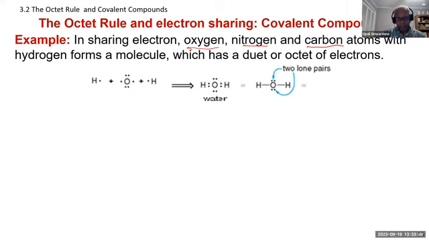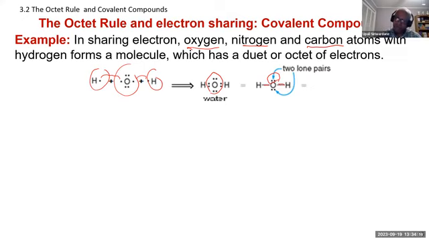For example, 2 hydrogens and 1 oxygen share these electrons and form an octet for oxygen. Therefore, 2 chemical bonds are formed here. The non-shared electron pairs are called lone pairs.